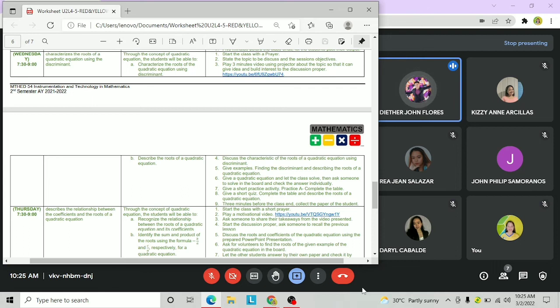Then for daily procedure, start the class with a prayer, then state the topic to be discussed and session's objective.